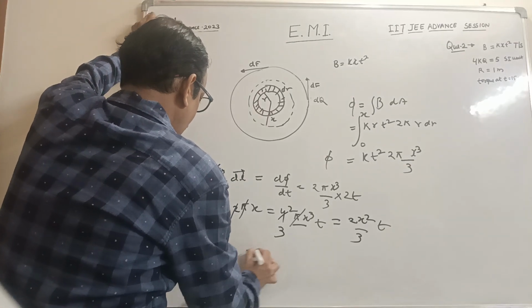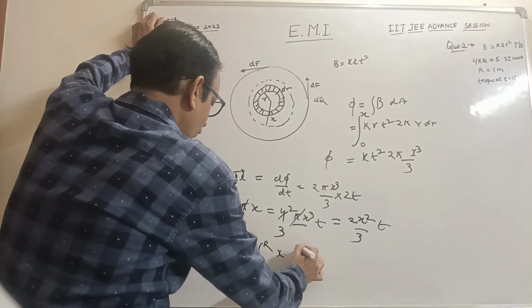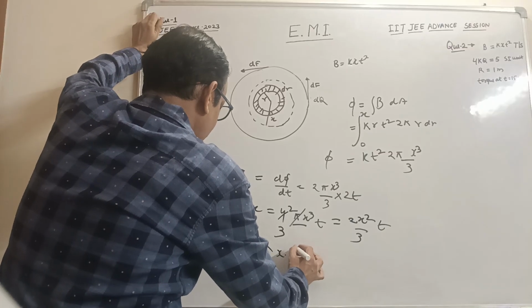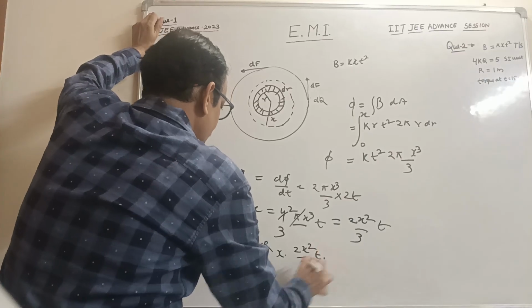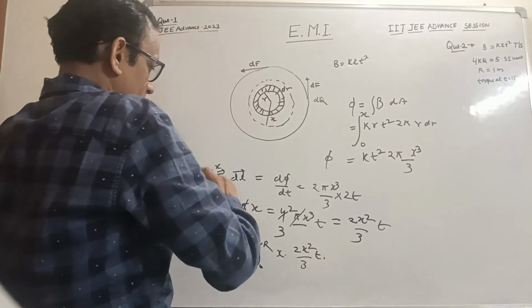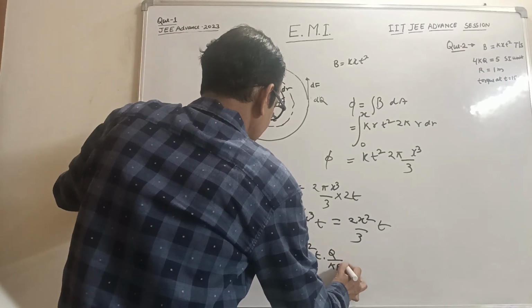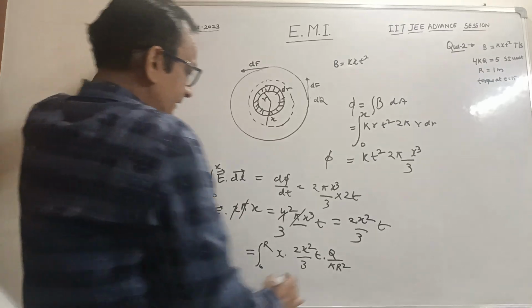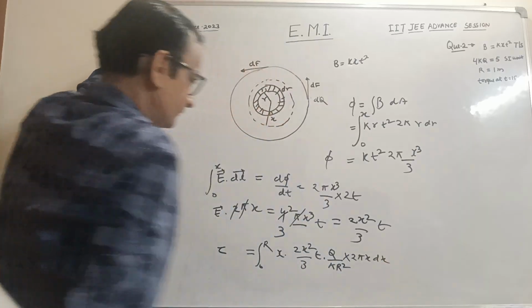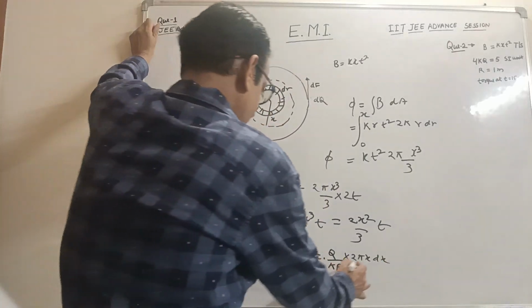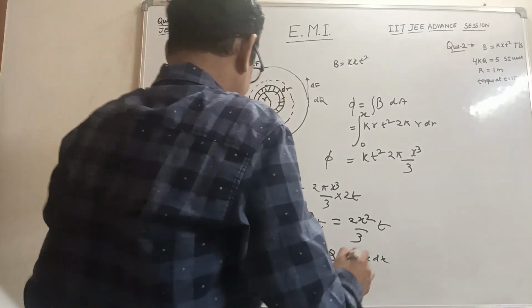So we have to calculate the torque. The torque will be the integral from 0 to r, where the distance is x, and the force would be E dq. This is E, and dq will be q upon pi r squared, the total area, into 2 pi x dx. Pi cancels out, and we integrate this term.